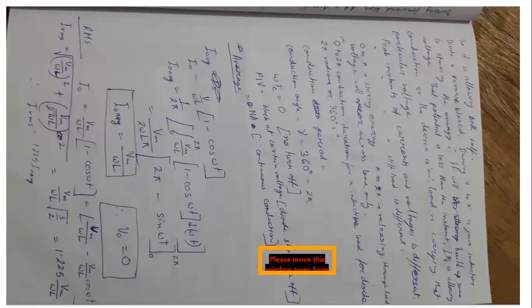Now the RMS values. The output current is equal to Vm by omega L times (1 minus cos omega t). So the I RMS value will be equal to the root of (Vm by omega L) whole square plus (Vm by root 2 omega L) whole square, and that is equal to Vm by omega L times root of 3 by 2.